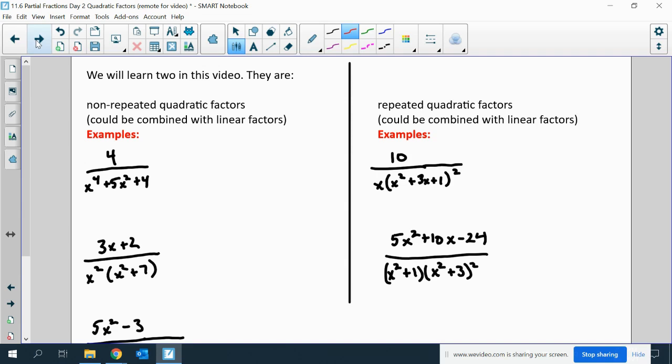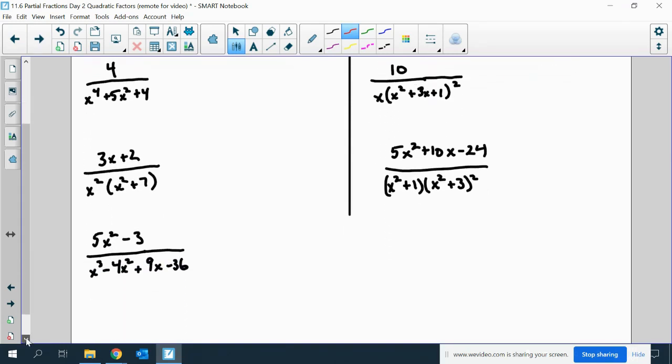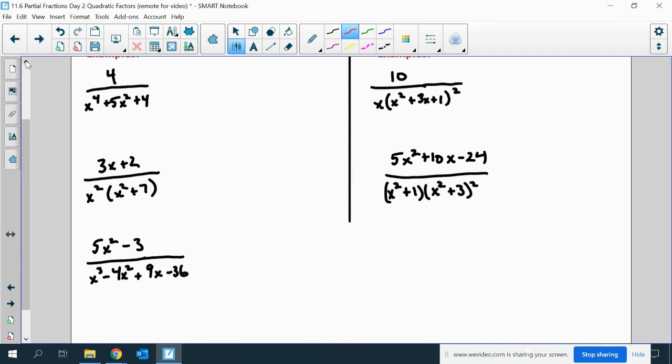But we're going to learn two more things in this video. We have non-repeated quadratic factors, and we have repeated quadratic factors. The non-repeated quadratic factors may not be as obvious, so we're going to factor the denominator.